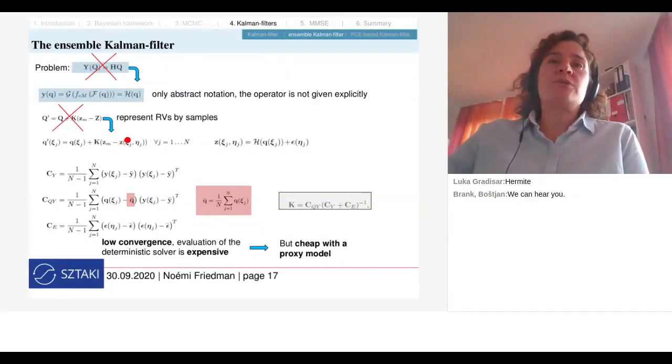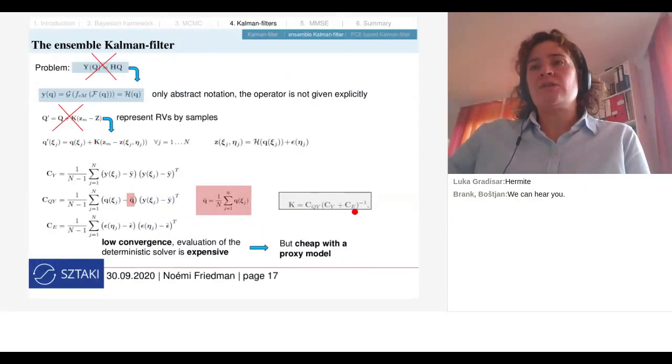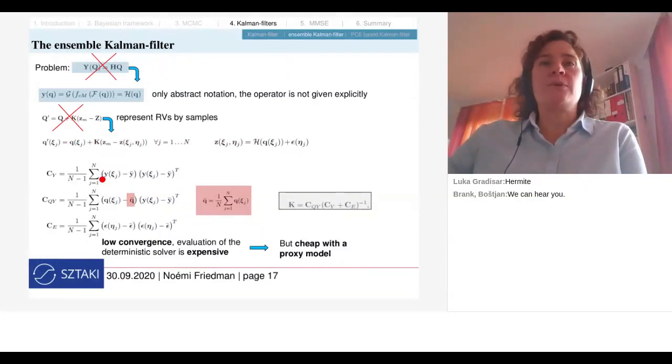I make lots of samples of Z, and I make lots of samples of Q, and then I can compute these updated things, and the K, the Kalman filter, which depends on these covariances. So the covariances I also compute from samples.